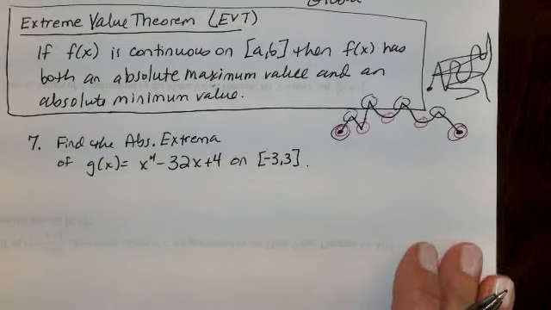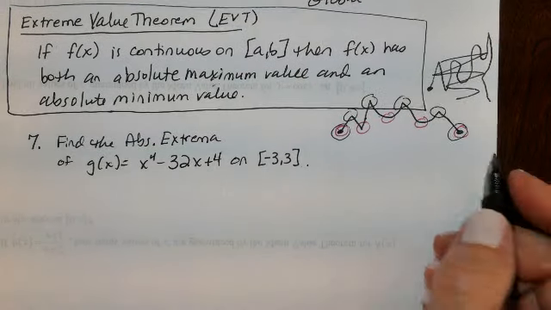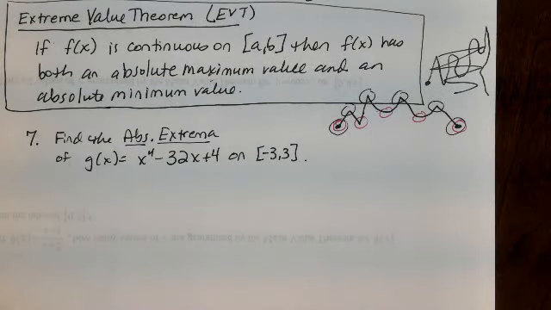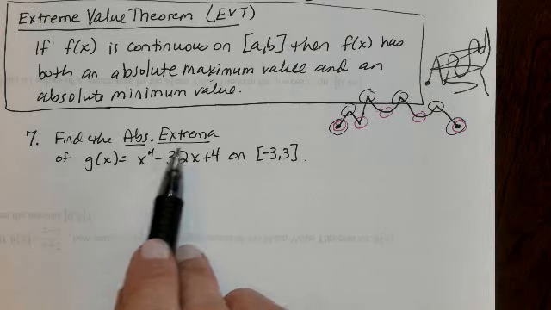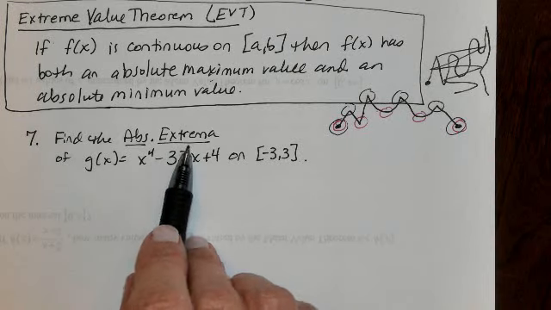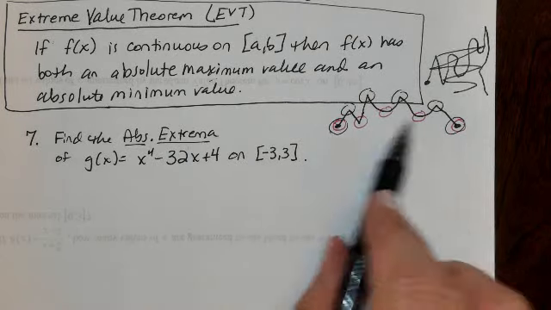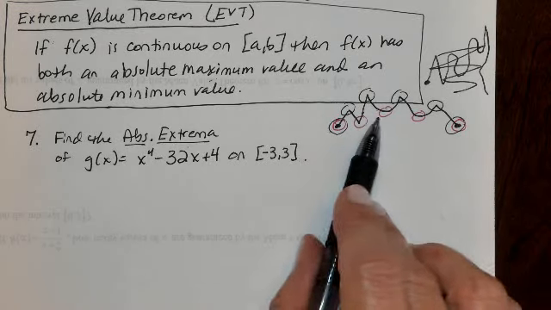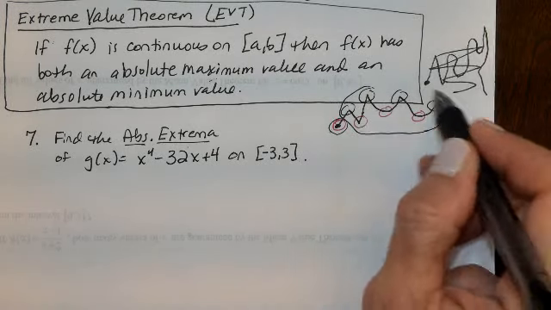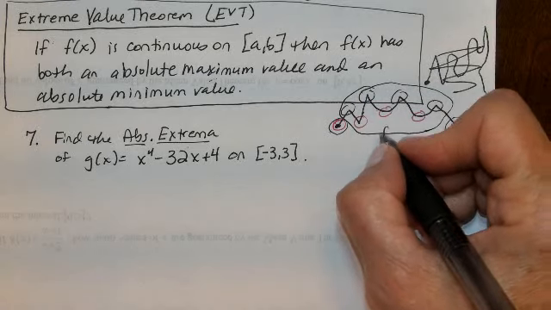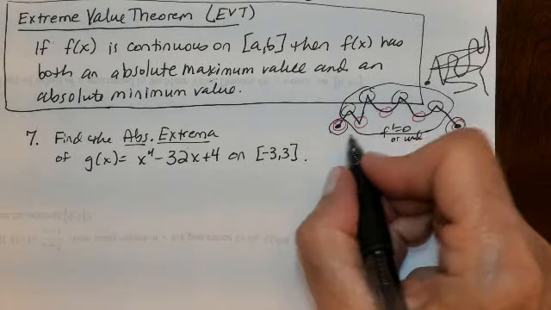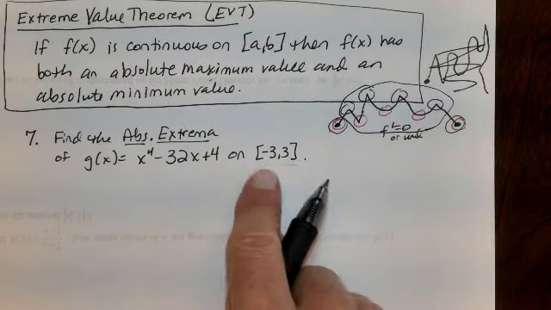Since we're finding the absolute extrema, I'm going to show you how to organize your thoughts here. Our absolute extrema will be at either an endpoint or at a relative min or relative max. The relative mins and maxes are where the derivative is 0 or undefined, right? But the boundaries are just given to you.